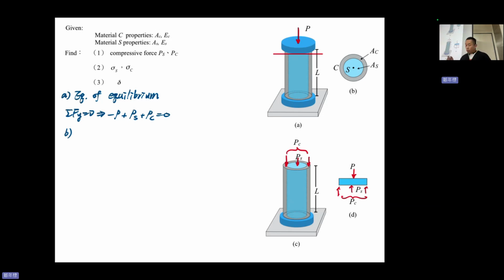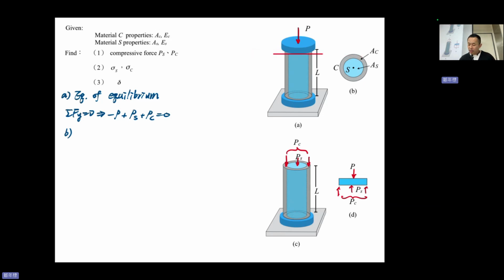So now let's continue. Okay, so sorry, I didn't say because the time is finished for the break time, so I didn't talk too much. So okay, I will talk about this again. All right. So if I want to know the internal force in the materials, we just cut it, right?